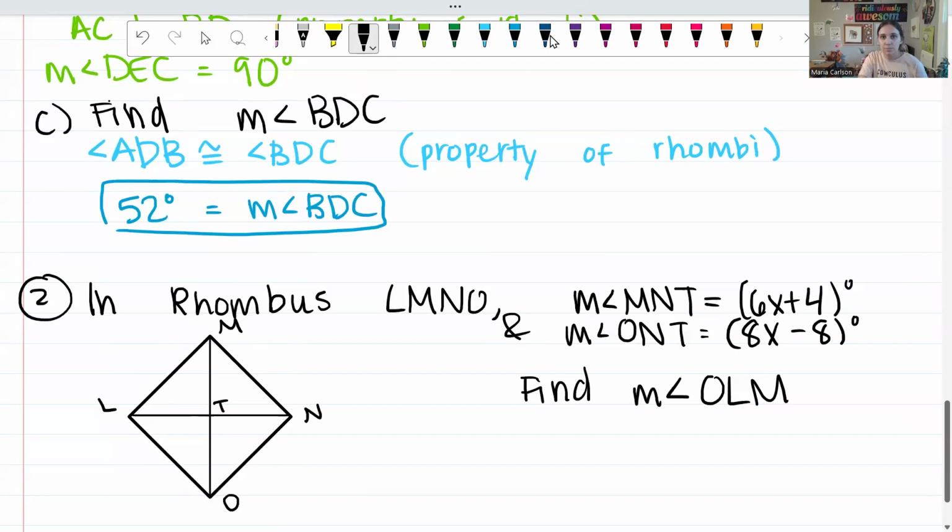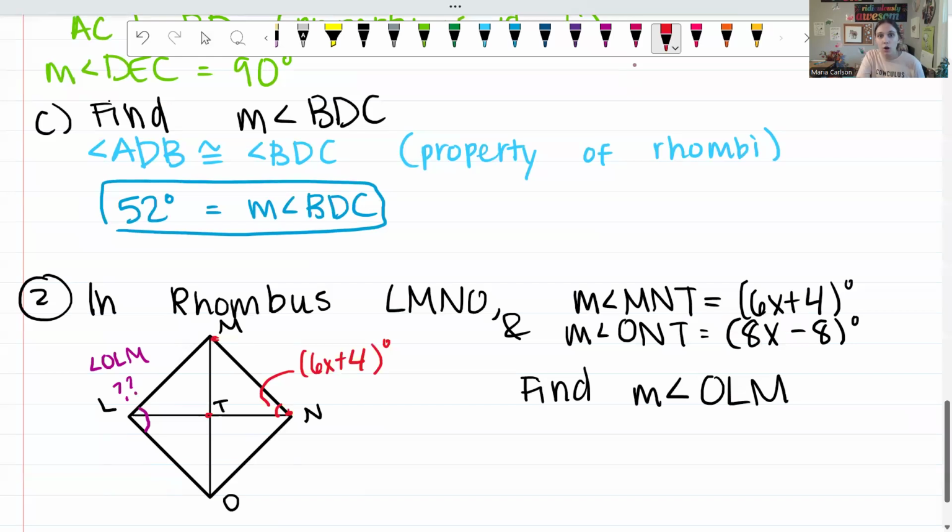So let's put together what we know, because we want to find OLM. So we want to find this angle here. We don't know what that angle is. We know that MNT, so here's M, here's N, here's T, is 6x plus 4 degrees.